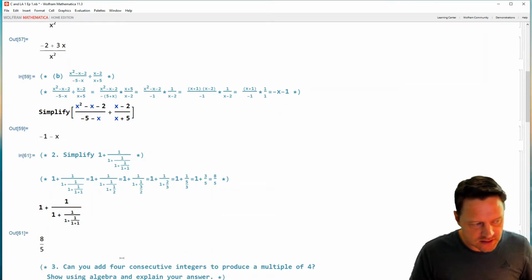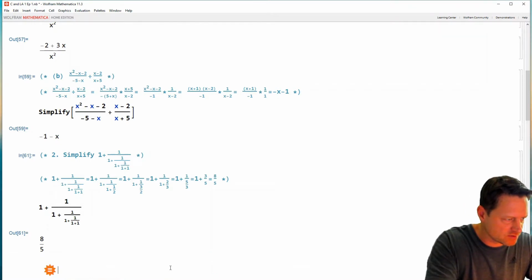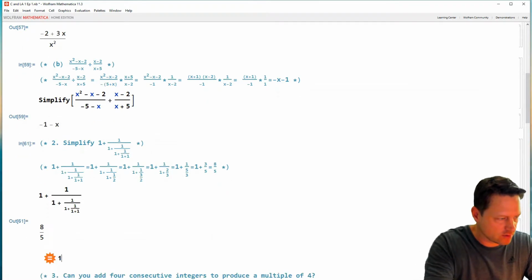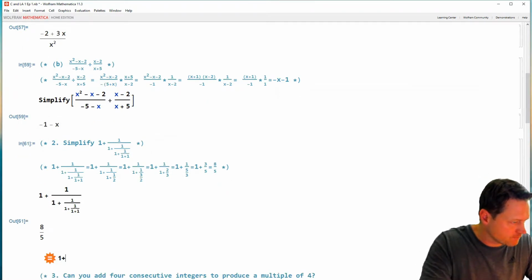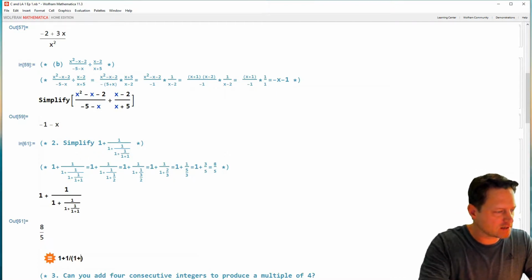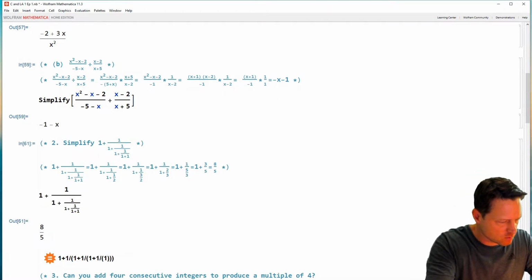Of course, you could do this also in Wolfram Alpha. So I'll open this in a new cell. And let's see how I would do this. I would write 1 plus, and then 1 over, and then in brackets for the denominator, 1 plus, and then 1 over, and then a bracket, 1 plus 1 over, and then our final denominator looks to be 1 plus 1.